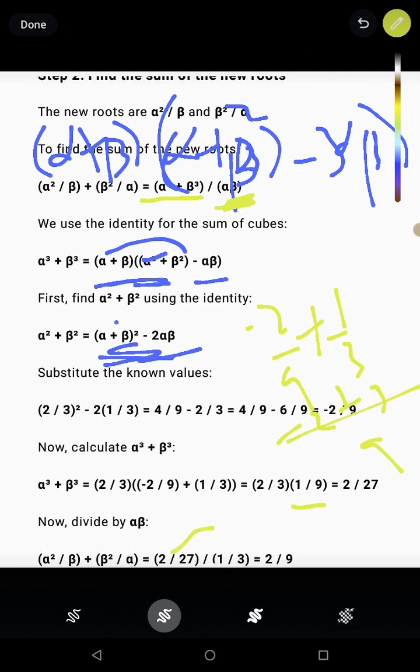So that was what we eventually did here. That will be 2 over 27 divided by 1 over 3, which is 2 over 27 times 3 over 1. 3 here 1, 3 here 9. So the sum of the new roots we are looking for is actually 2 over 9.